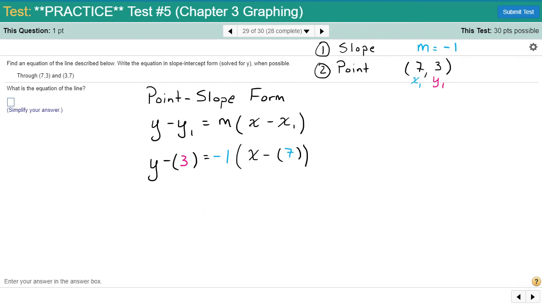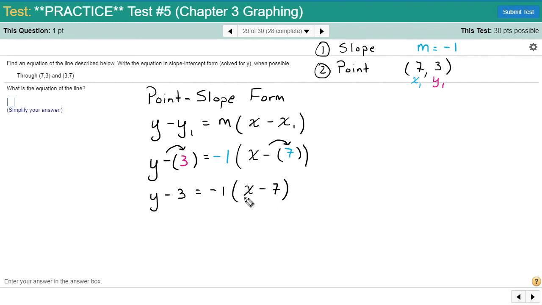All right, so let's see what we've got here when we clean up this equation. Here on the left, we're going to distribute. So when we distribute the minus sign, we end up with y minus 3 is equal to -1 on the outside. And first things first, I'm going to clean up what's inside this set of parentheses. So when we distribute that minus sign, we end up with x minus 7.